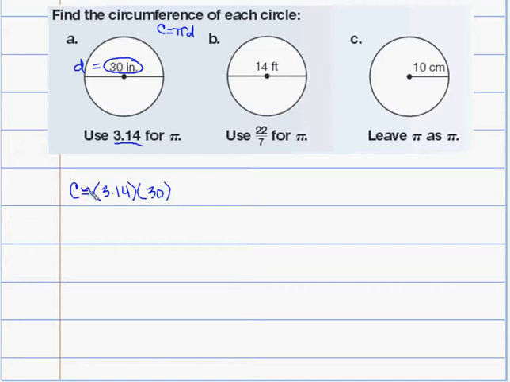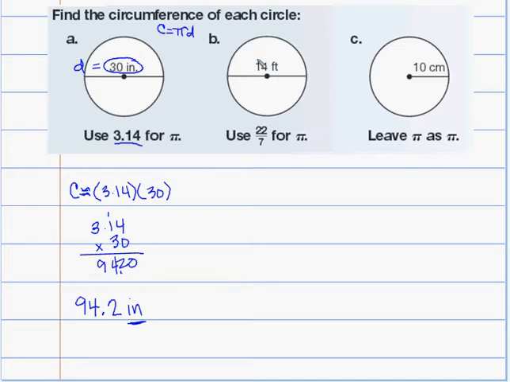And this should be approximately equal to, because we're using a decimal approximation. So we're just going to multiply 3.14 times 30, and put the decimal in the right spot, and then label it. Now circumference is just the distance around, so it's just the units, it's not squared.